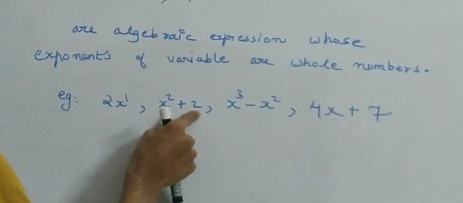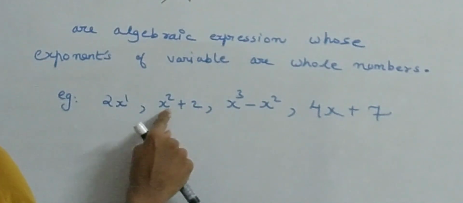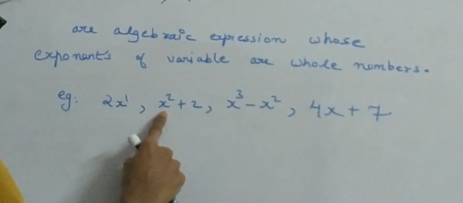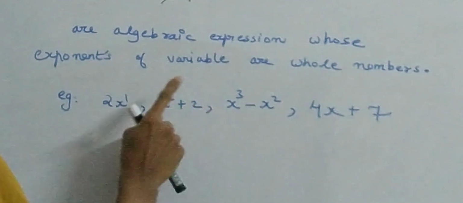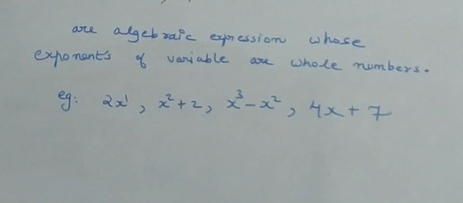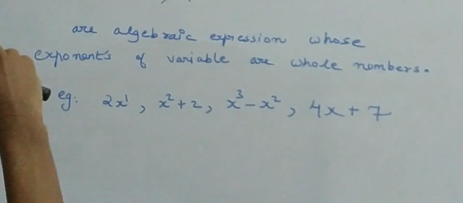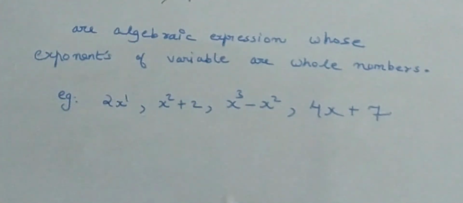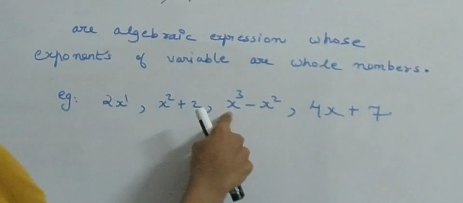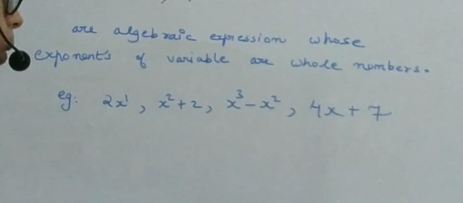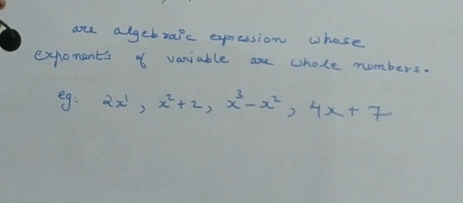Okay, now look at the second one, x square plus 2. Now here the variable is x square. Now look at the power of it. It is 2, and we know that 2 is a whole number. So definitely this also will be a polynomial. Now look at the third one, x cube minus x square. Here x cube, here also the power is a whole number.